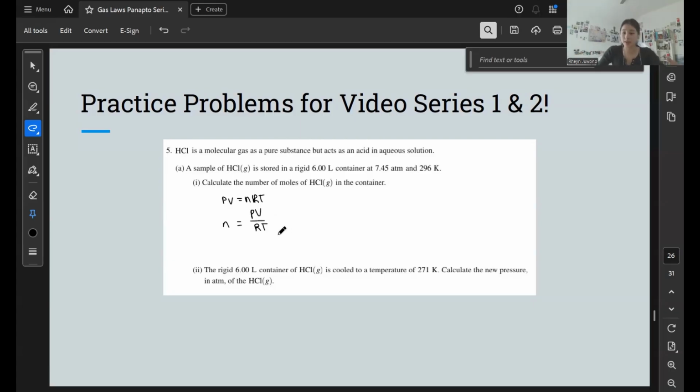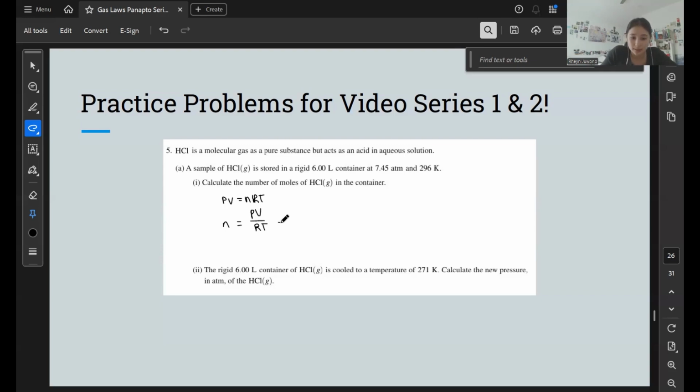And note that on the AP exam formula sheet, they will give you the value of R, and for liters atmospheres, they give it to 0.08206, so 4 sig figs. So let's say n is equal to PV over RT.